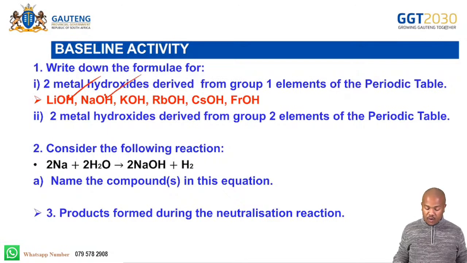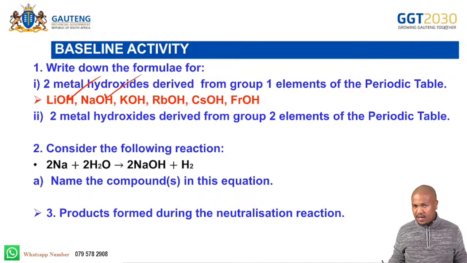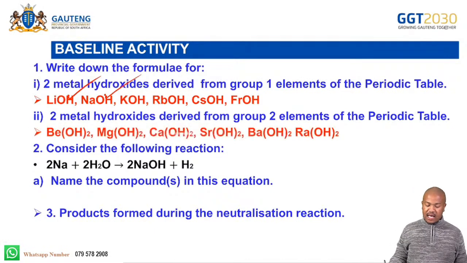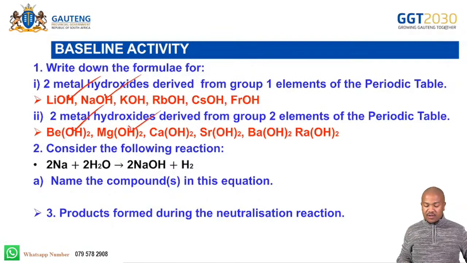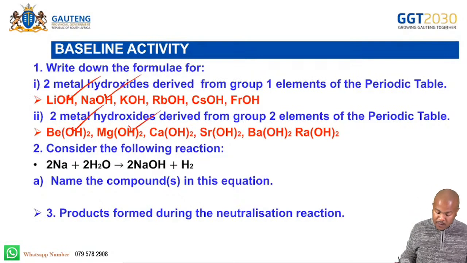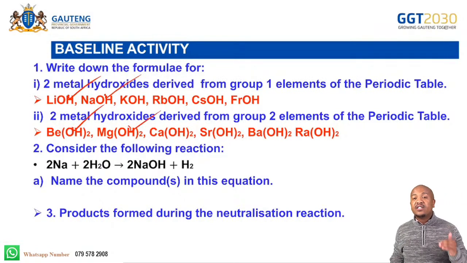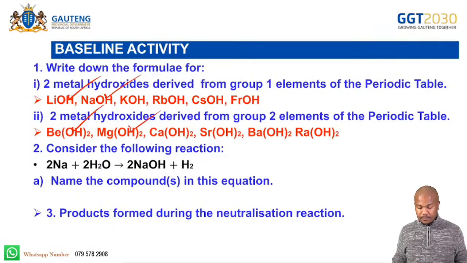Then Roman figure 2, two metal hydroxides derived from group 2 elements of the periodic table, right? And these are the answers, right? Beryllium hydroxide, magnesium hydroxide, calcium hydroxide, and the list goes on, right? So you can only mark the first 2 or any 2 that you have written amongst these.